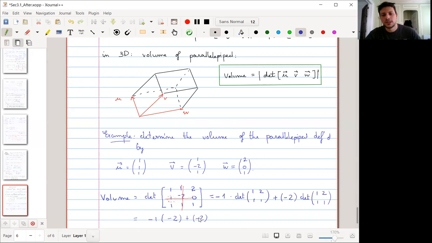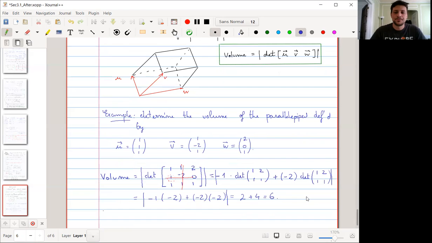Plus -2 times, it's the same matrix, -2, which becomes what? 2 plus 4 is equal to 6. That is the volume of my parallelepiped. I should have put absolute values everywhere. Here they come. Of course, in this case, it doesn't matter because I got a positive answer at the end. I'll see you in the next video.